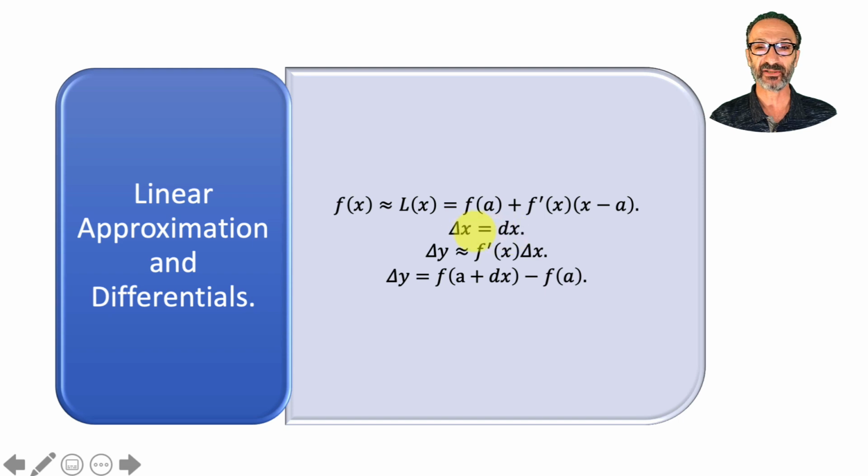In this case, delta x and dx will be the same. Delta y will be f prime of x delta x, and delta y will be also the difference between the two values. Kind of hard to understand what's going on here without graphs, so I'm gonna do it with graphs.